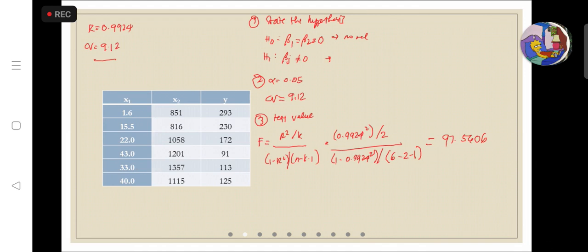So 97.5606. Our next step is making the decision. Our F test value and our critical value.